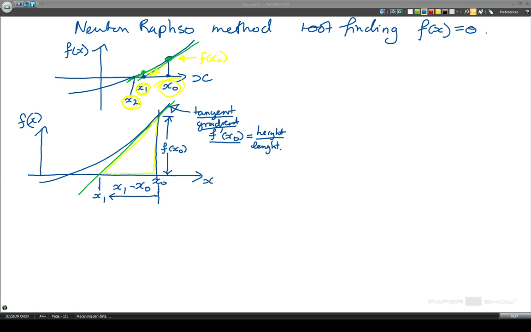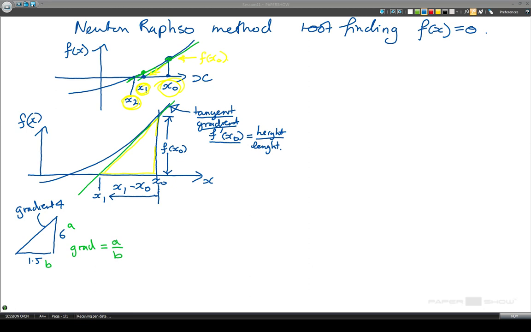So we know that if we're measuring any sort of gradient, then let's say the gradient here is 4, then this length here might be 6, and this length here might be 1.5. Or if we use letters, we can say that this is A and this is B, and so the gradient is equal to A divided by B.